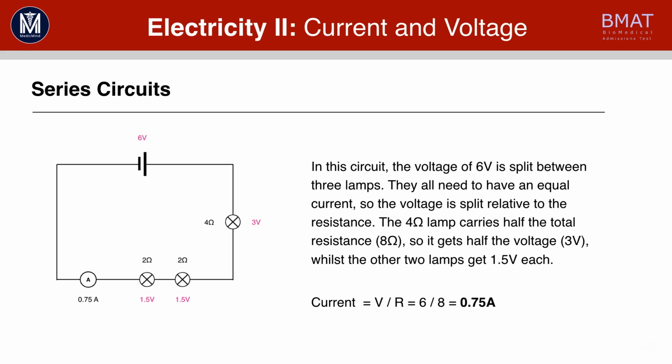So the voltage of the 4 ohm lamp would be 0.75 times 4, which would be 3 volts. And similarly, for the 2 ohm lamps, the voltage would be 0.75 times 2, which is 1.5 volts.